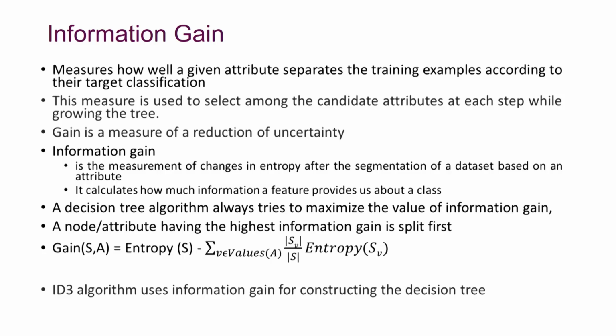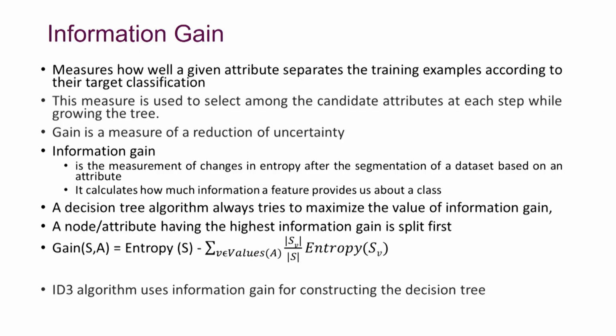We will calculate the entropy of these three subnodes, and then take the weighted average of this, and then find the information gain: the entropy of the original node minus the weighted average of entropy of these subnodes. In this way we will get how much gain we are getting after splitting the node using a particular attribute or different attributes, and then we will select that attribute for which this gain is maximum.